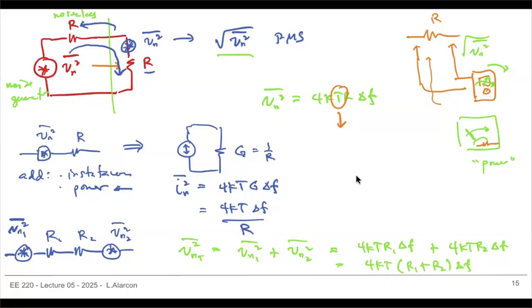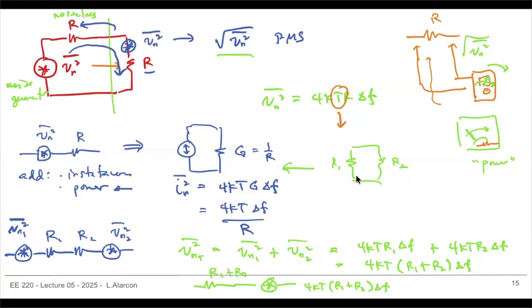So this is equivalent to a resistor R1 plus R2 and a noise generator of 4kT(R1+R2)ΔF. You can actually add resistors, and it's not a hard leap if I have resistors in parallel, R1, R2.